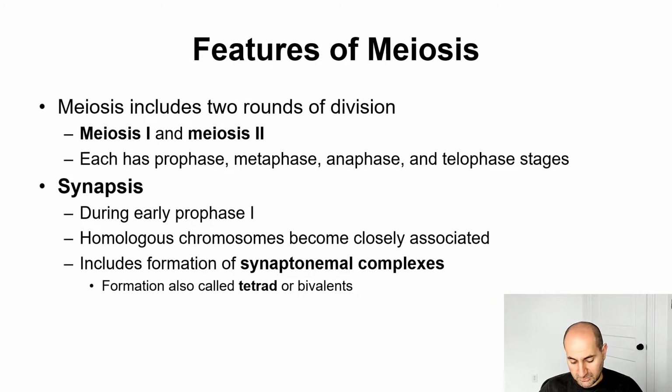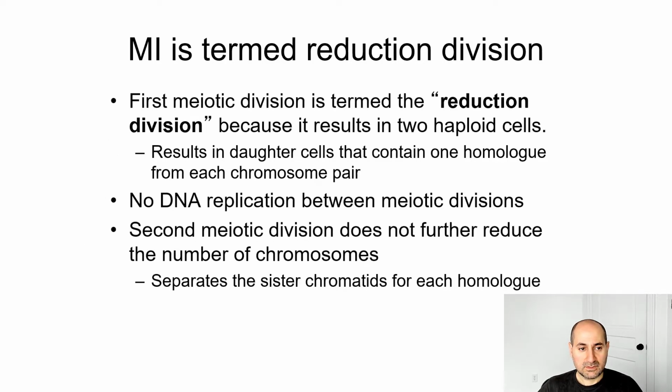Next, we want to really understand the process of meiosis. What I want you to know about meiosis is that the first division of meiosis, remember M1, the first meiosis division, Meiosis 1 is termed reduction division.